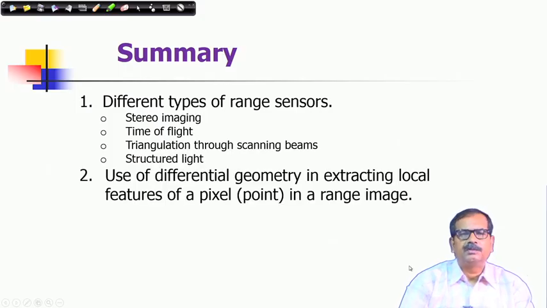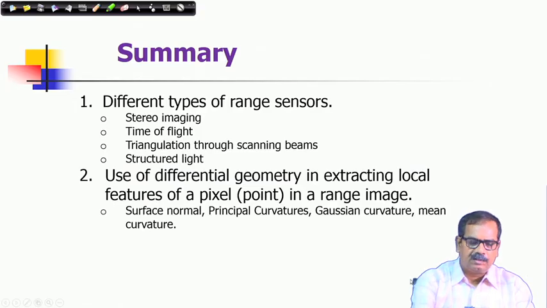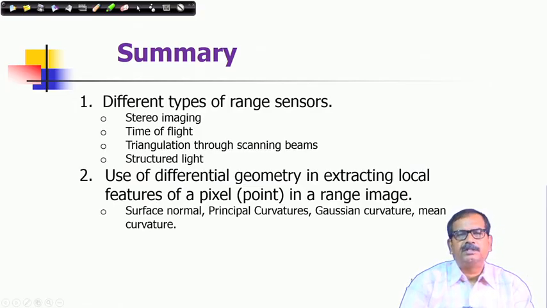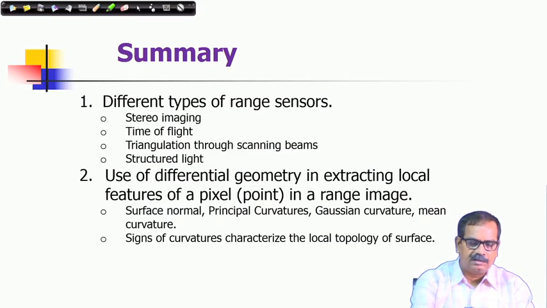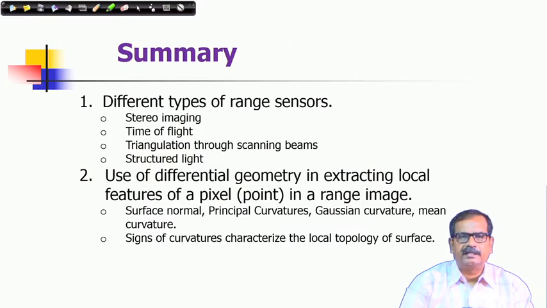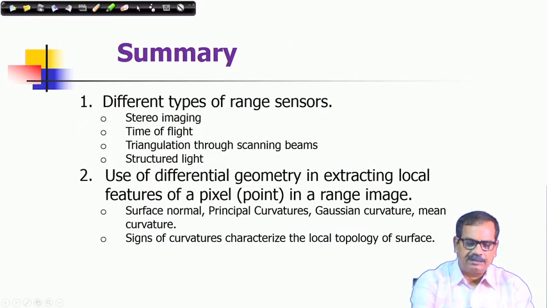Then we considered the use of differential geometry in extracting local features of a pixel or a point in a range image. These are the features we could extract: surface normal, principal curvature, Gaussian curvature, mean curvature. Signs of curvature characterize the local topology of the surface.